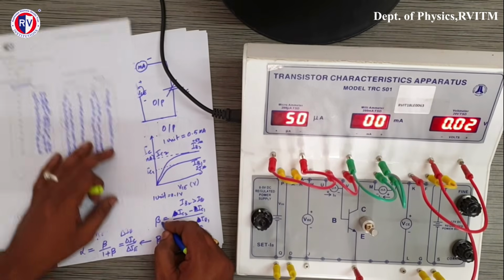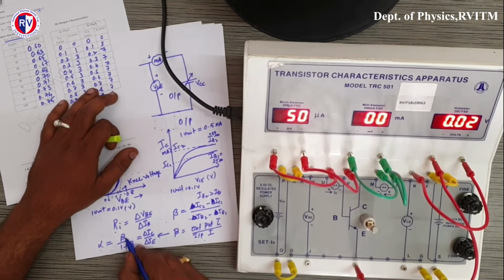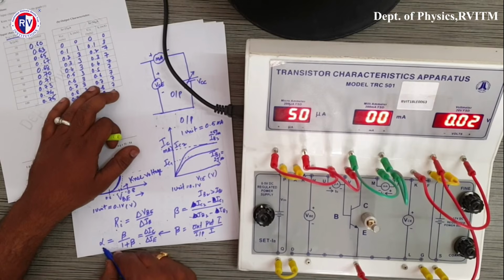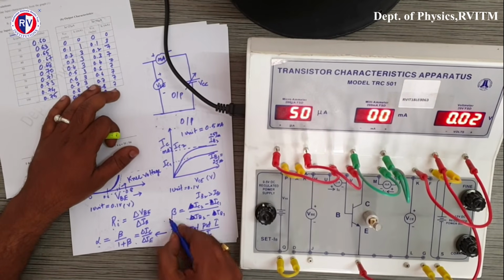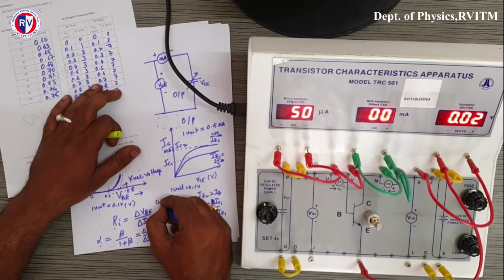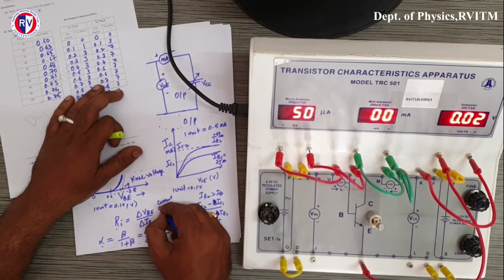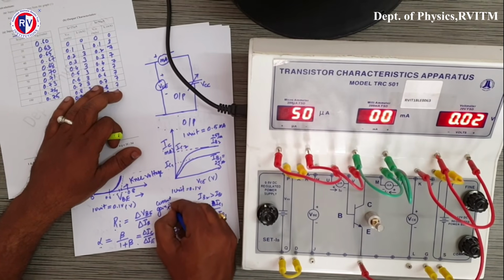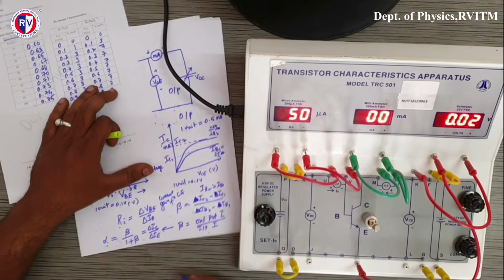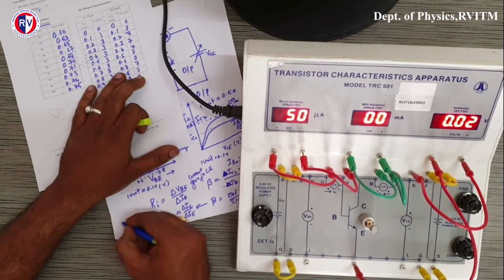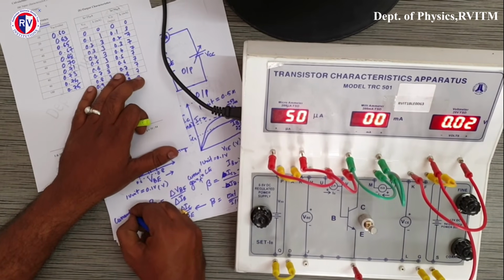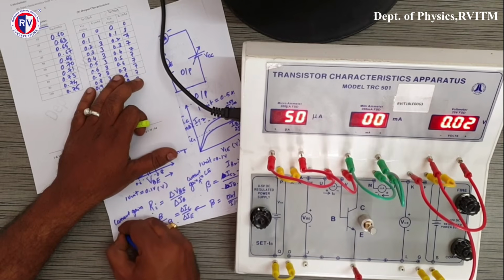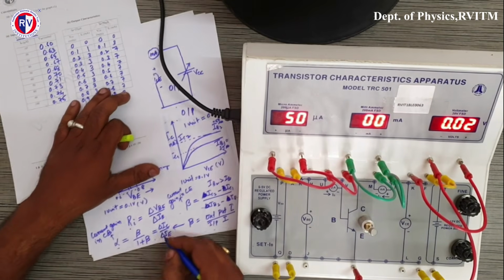Once you calculate beta, substitute back in the formula alpha is equal to beta by 1 plus beta, and you can calculate alpha. So beta is the current gain in CE configuration, and alpha is the current gain in CB configuration.